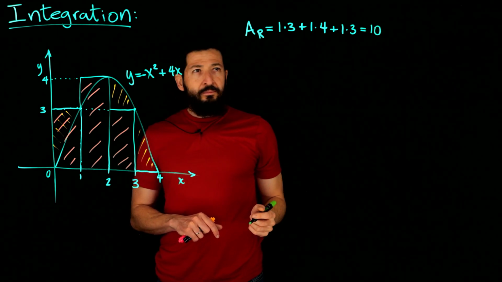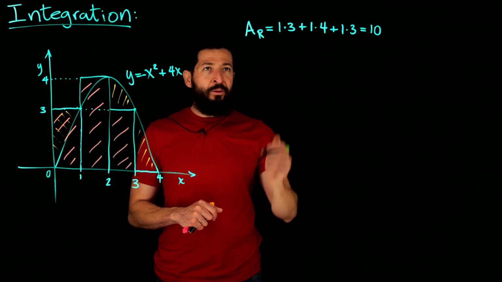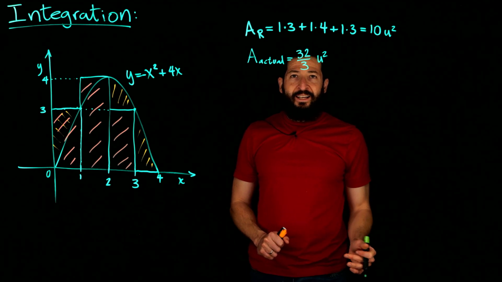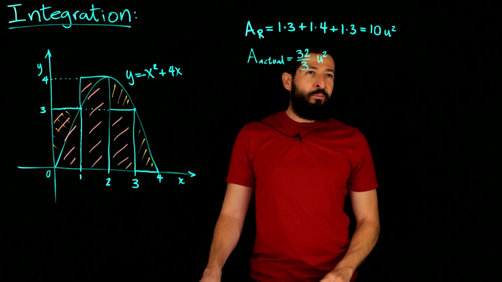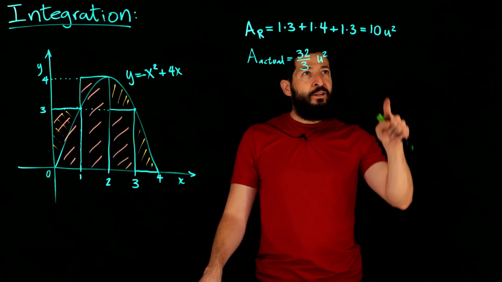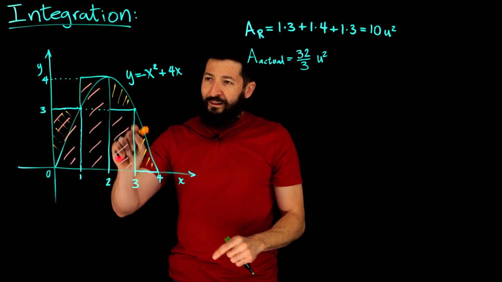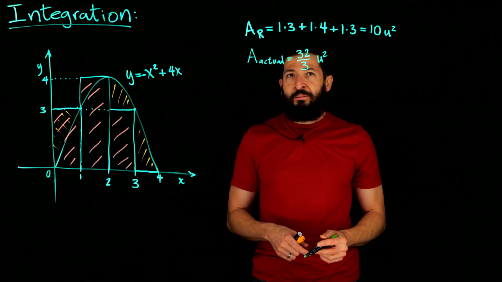All right. So what would be the actual area? Let me compute it, and I'm going to tell you the actual area. The exact area is 32/3, which would be something like 10.67, and we got 10. So even though we overestimated here and underestimated here, we still got a pretty good approximation.